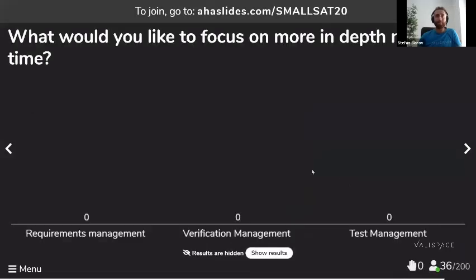And then maybe I have one more question, which is, what would you like to focus on more in depth next time? We have the options of requirements management, verification management, test management. So for those of you who maybe liked one part in particular a bit more in depth, we'd be curious to know what we can focus on in the future as well.